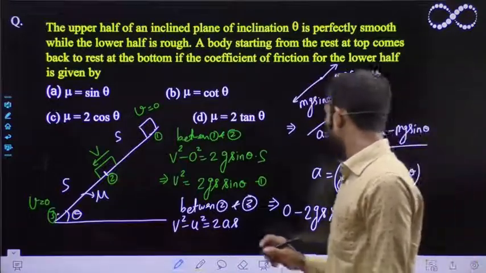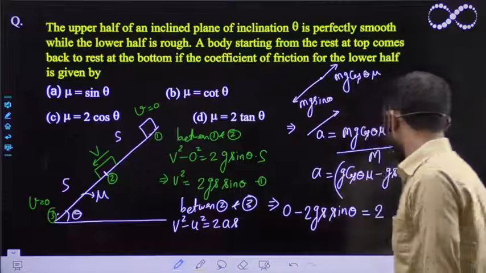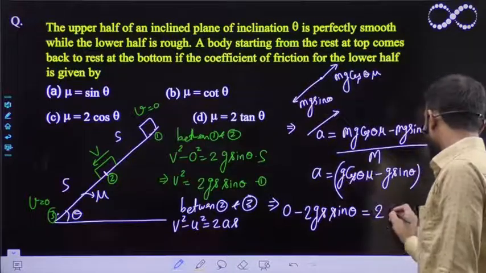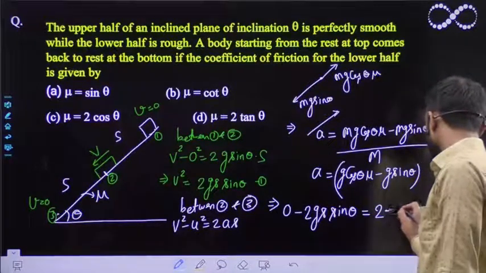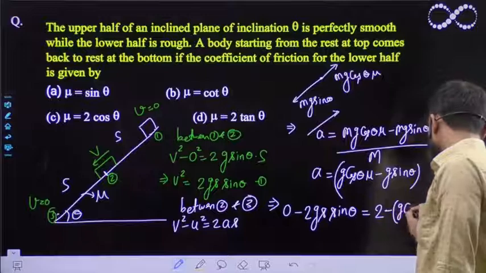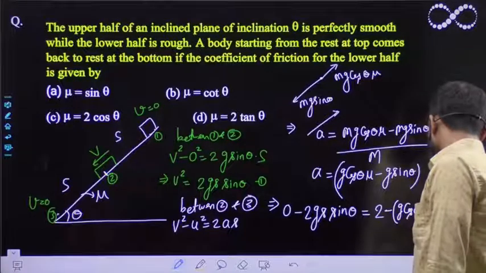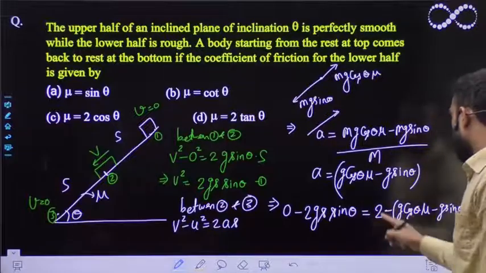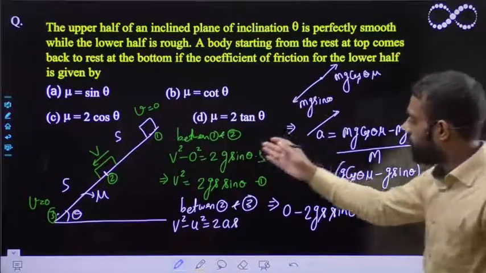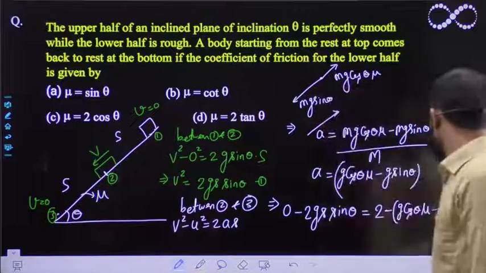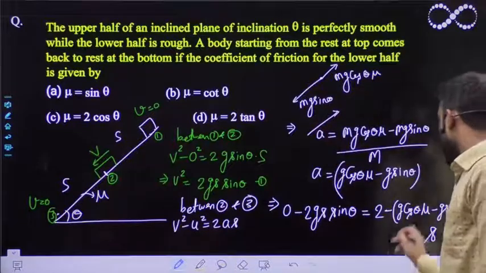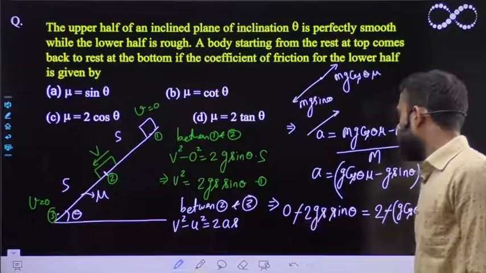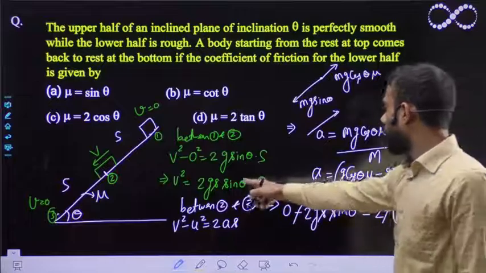Here a will be negative because it is in the upward direction, so it will be negative of g cos theta mu minus g sin theta, times 2s. The displacement is in the downward direction only, so s is positive. This minus will cancel out.